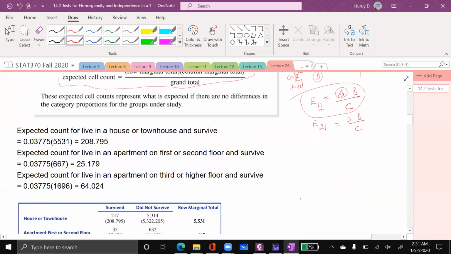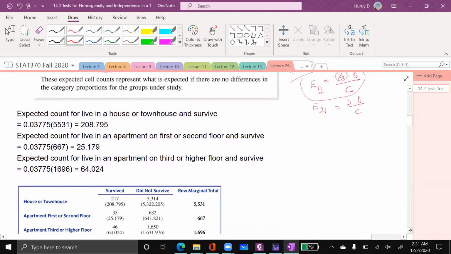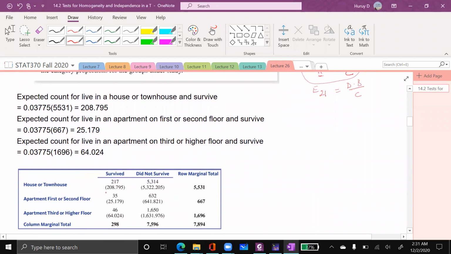Okay, so for the example that we had earlier, the expected counts for the survival. To calculate this, we multiply 298 times 5531 divided by the grand total, which is 7894. When you perform this, you get this number.